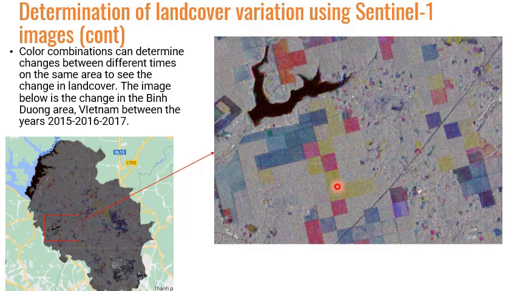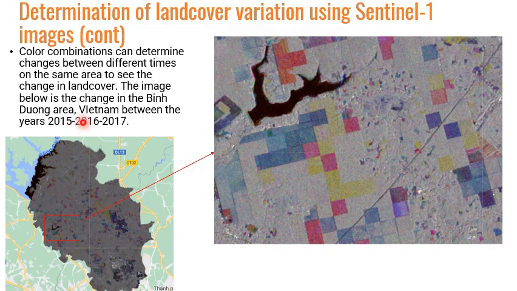For example, in case we assign the first as red, the second as blue, and the last as green. Something red means this area has high backscatter, but afterward there's no backscatter. That means before, maybe it was barren, and barren has high backscatter.